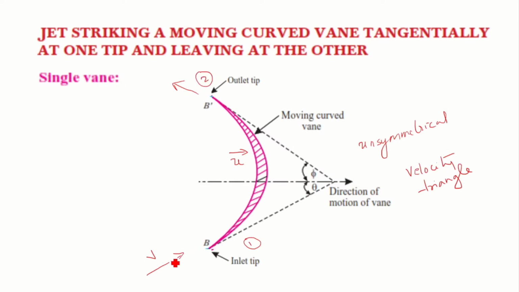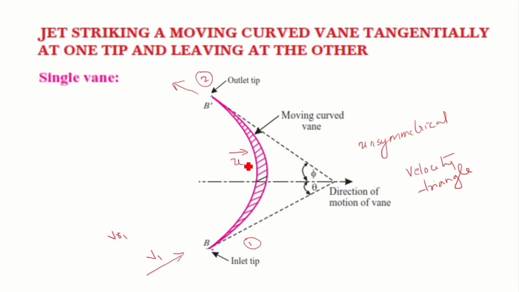The parameters at the inlet are given the suffix 1, so v1. If we are considering relative velocity, then we give it as vr1.